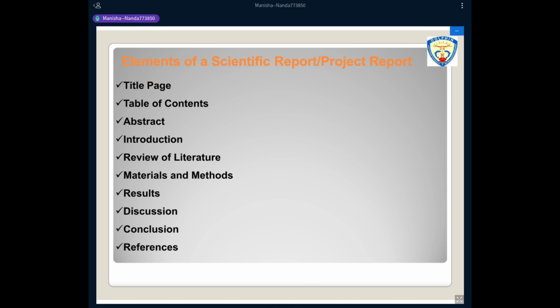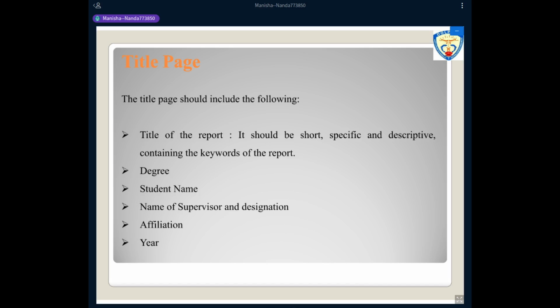So we'll first take up the title page. The title page should include the following. It should first of all denote the title of the report, and while designing your research, you should always keep in mind that the title should be short, specific, and descriptive.